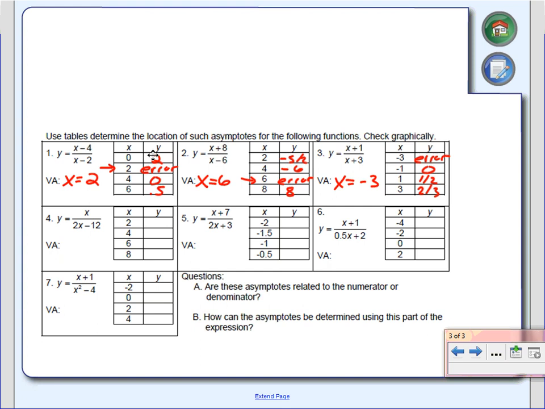Okay, looks like most of you are done or just about done, so we'll go ahead and start taking a look at it. Number 4 in your table. Where did the error occur in your table for number 4? 6. Right next to 6 is where you found the error, which means your vertical asymptote was x equals 6. What about for number 5? Where was the error on number 5?